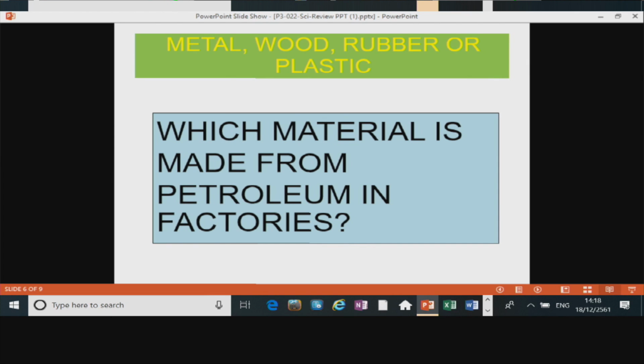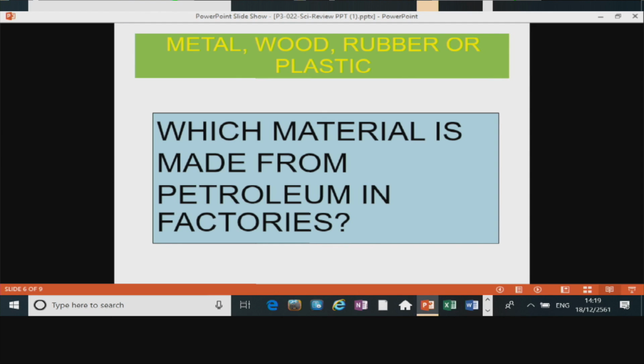So now let's have a look at materials. What materials can you see at the top? We have metal, wood, rubber, or plastic. Okay, so these four materials. Which material is made from petroleum in factories?